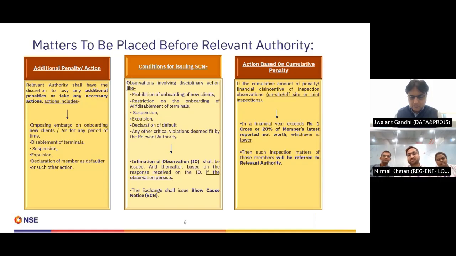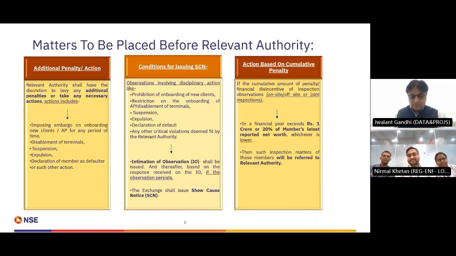So in such cases, normally we issue an SCN. Any observation in annexure 1.1 which involves any action on onboarding of new clients, restriction of onboarding AP, disablement of terminal, suspension, expulsion, default, or any critical violation which is deemed fit by them, in such cases an SCN is issued to the member, not following the normal course of letter of observations being issued to the members.